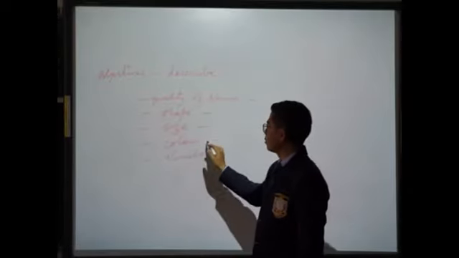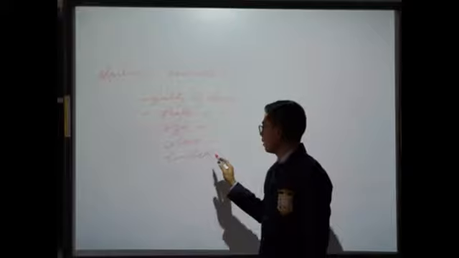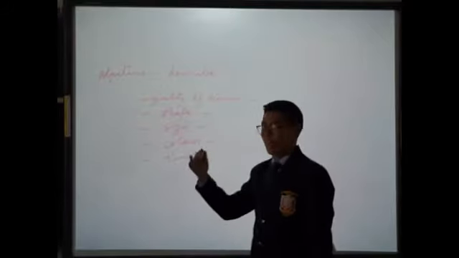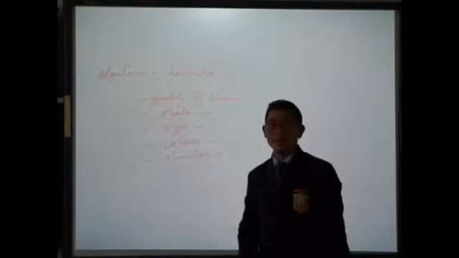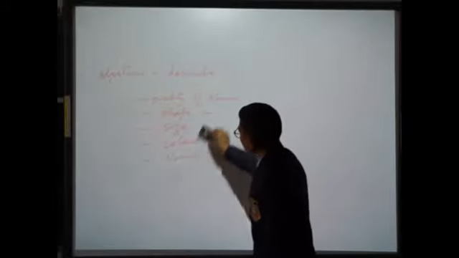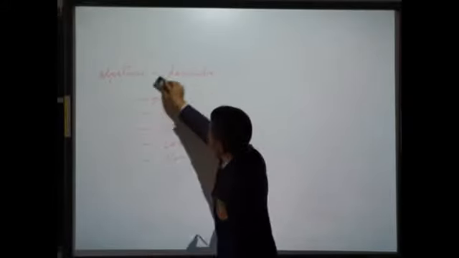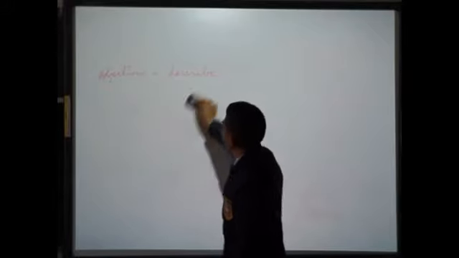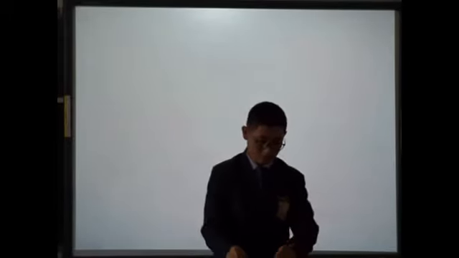Size: big house. Color: pink, isn't it? Pink dress. Number: 10 apples. So these adjectives describe quality, even quantity, color, size, shape.